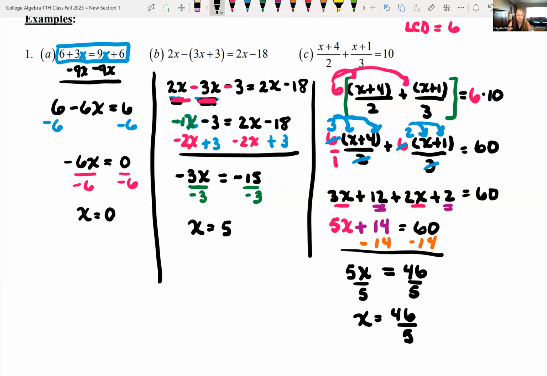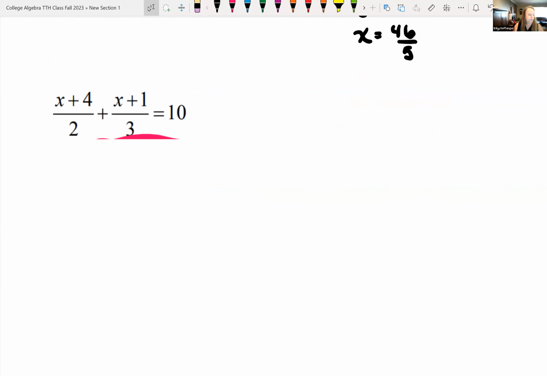Before I do that, let me see what's going on in the chat. Okay, so looking at our equation, we're going to just go back and check our work. Wherever we see an x in here, we're going to replace that x with that 46/5.